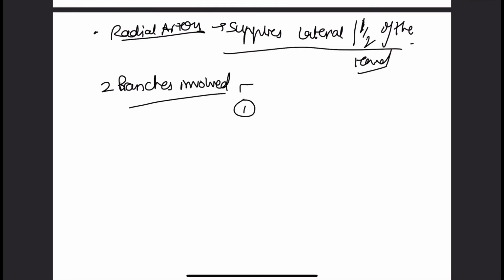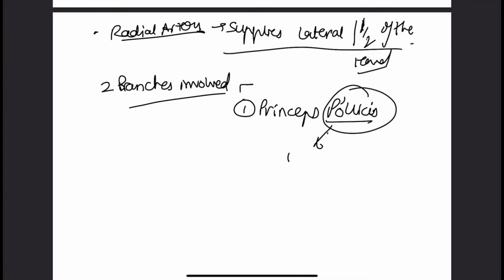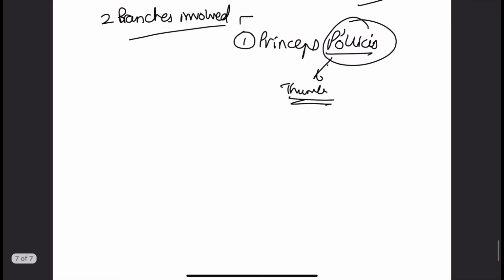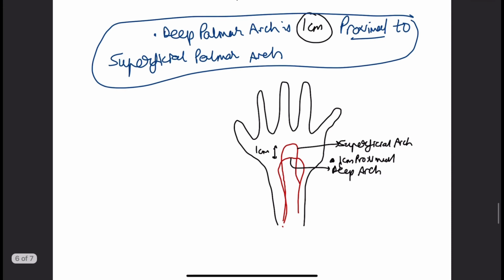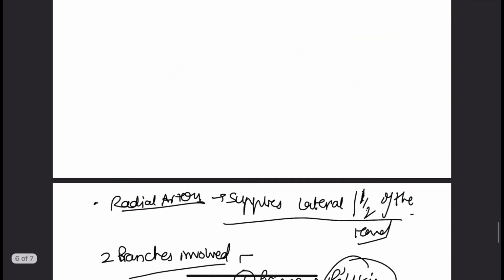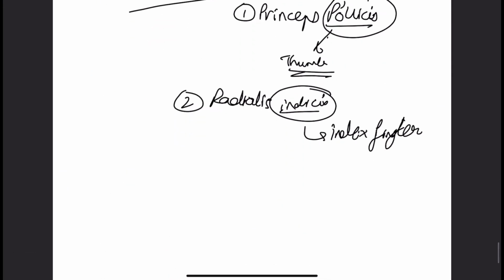One is your princeps pollicis. Pollicis always indicates thumb. Remember that while studying hand. And the other one is your radialis indicis artery. Indicis indicates index finger. So this is your index finger and this is your thumb. I hope you know that.